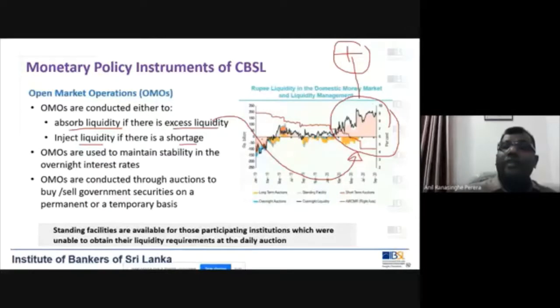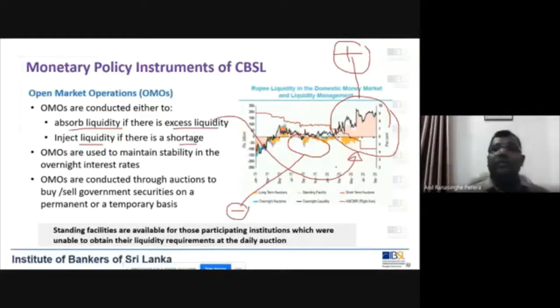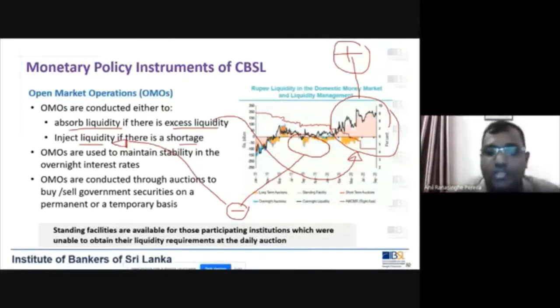And in some periods, for example, if you look at these yellow bar areas, you will see a negative sign, which means the central bank is observing a money shortage in the economy, which means not enough money in the economy to carry out the economic transactions. So in such cases, the central bank is basically injecting money to fill up the shortage.